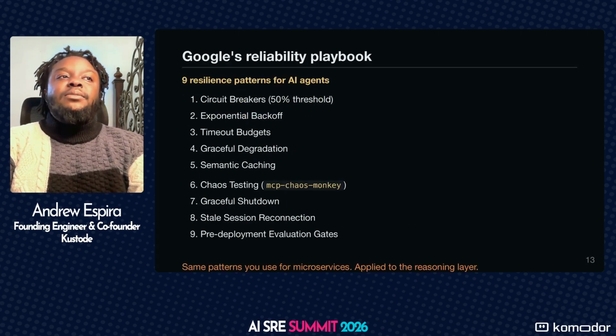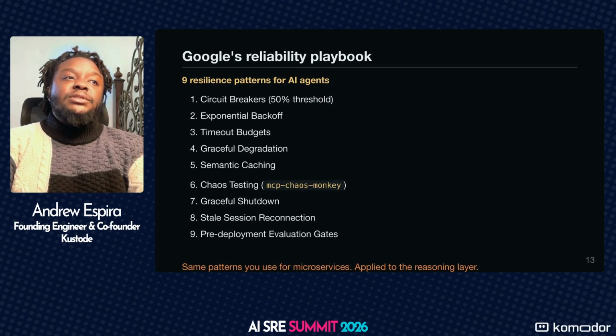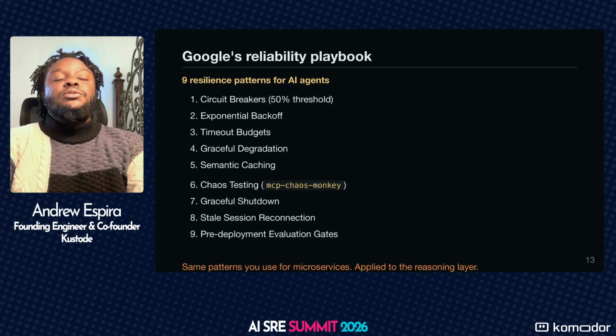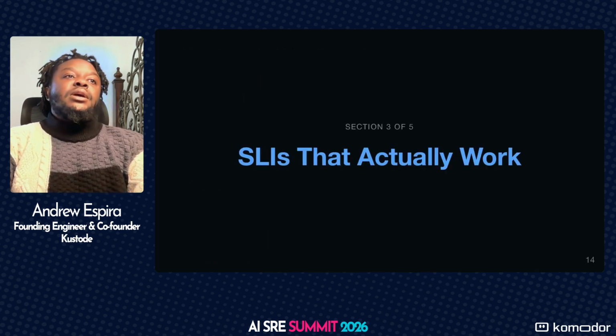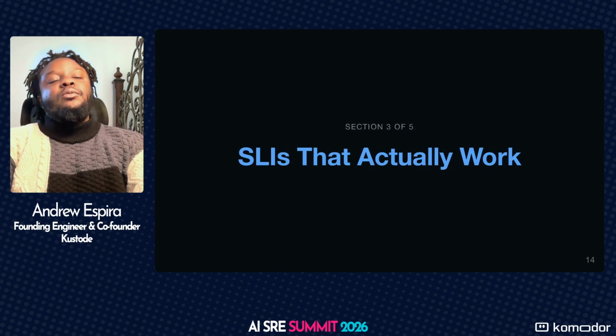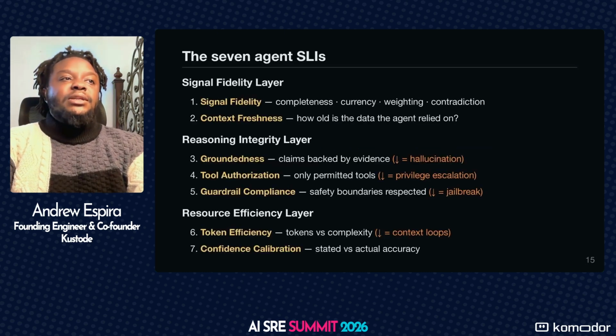So the 9 principles that we picked up from the Google SRE playbooks, we automatically build this into MCP agents and AI workflows, and so I'll walk through what actually works for us, like the fidelity layer.